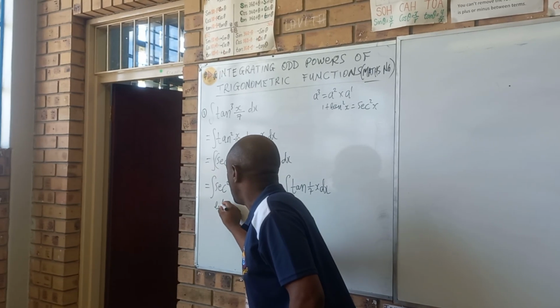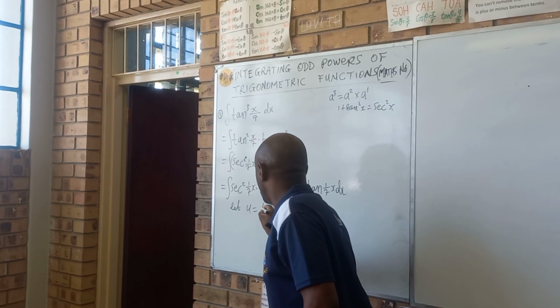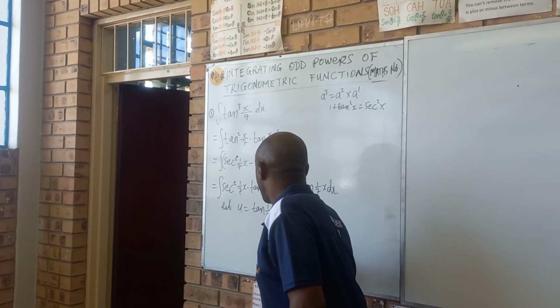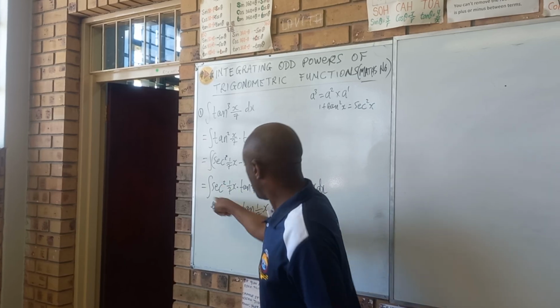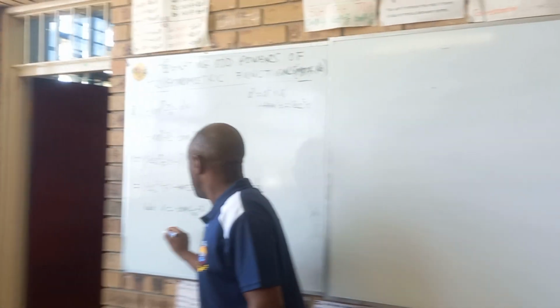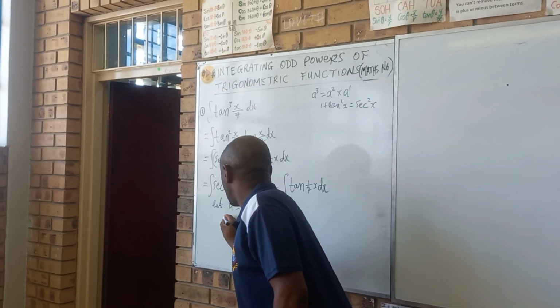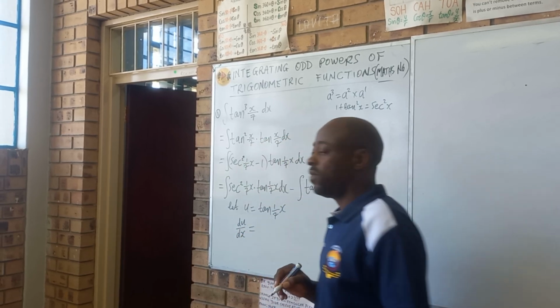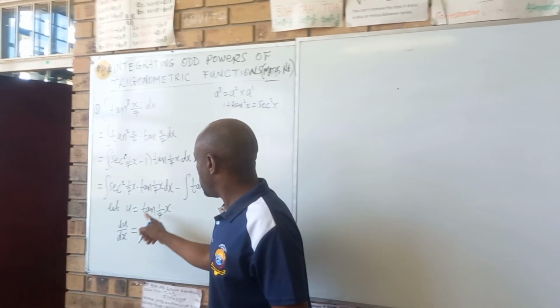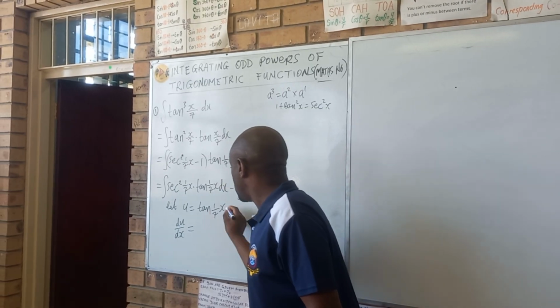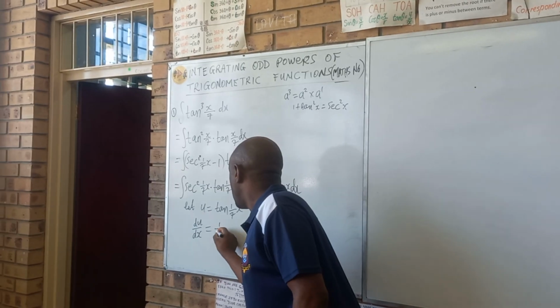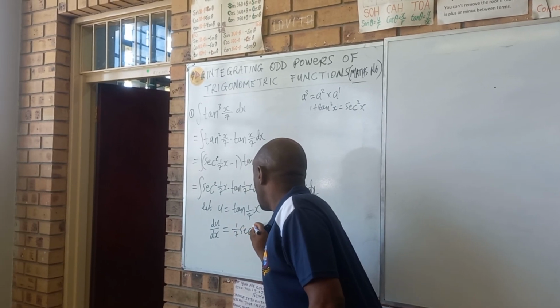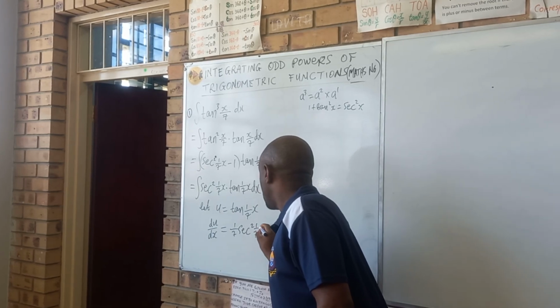So the best option would be to say that U will be equal to tan 1 over 7x, since the derivative of tan gives me the whole of sec square. To differentiate that, if you are struggling, you just go to page 2 of your formula sheet for Maths N6. You see that the derivative of tan 1 over 7x will be 1 over 7 sec square 1 over 7x.